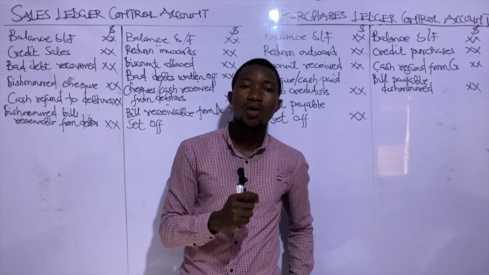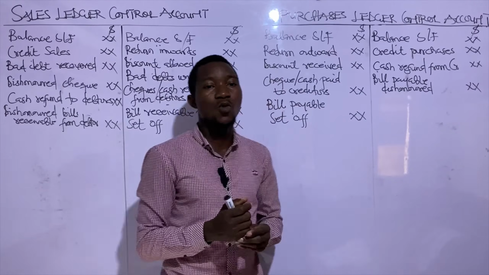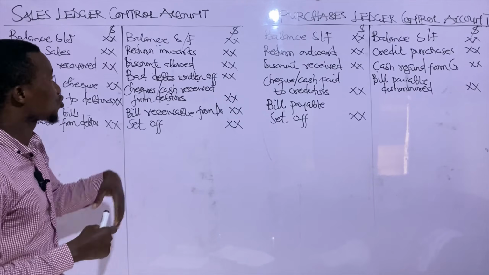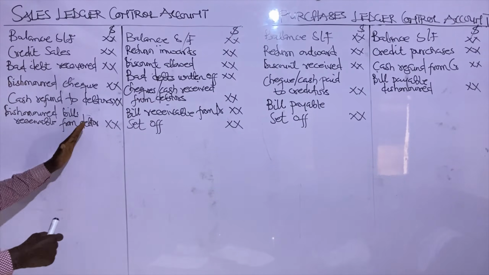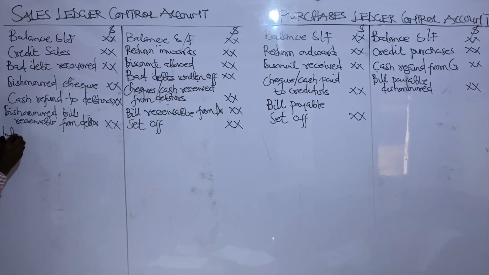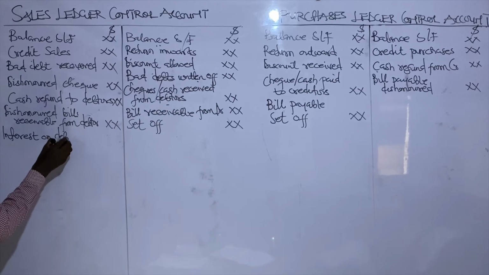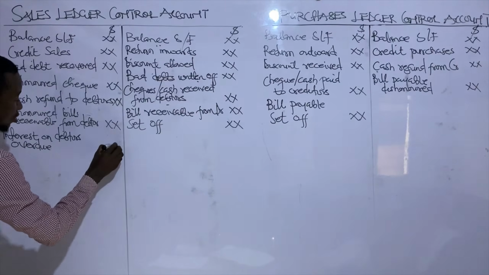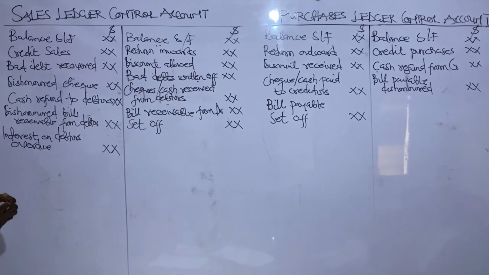That interest is what we call interest on debtors overdue account, and the interest charged on the overdue account will increase the debtors balance. So it should be recorded at the debit side of the sales ledger control account. So we will say that interest on debtors overdue account should be debited. Is this clear?